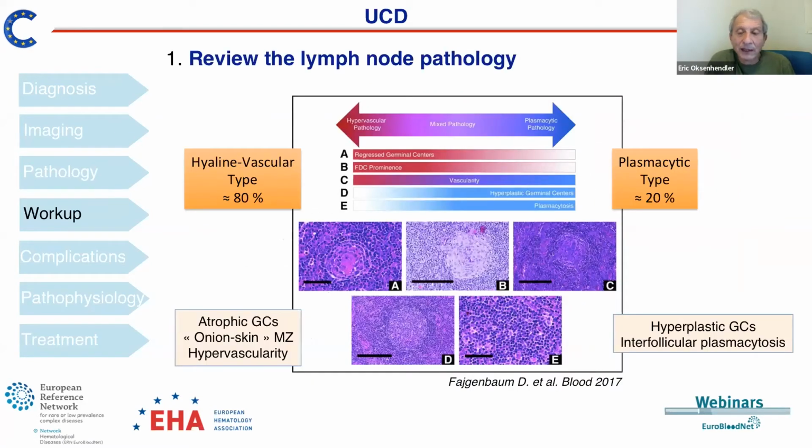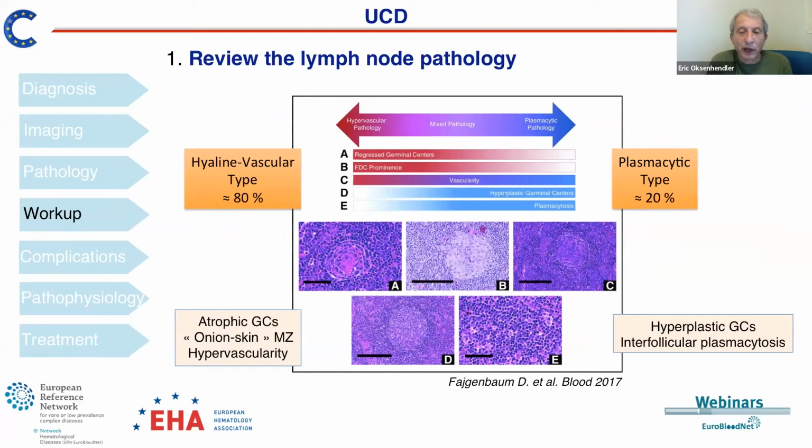So when this diagnosis is suggested, we have to review at least 3 points. The first one is to carefully review what the pathologist says and to review the lymph node pathology.